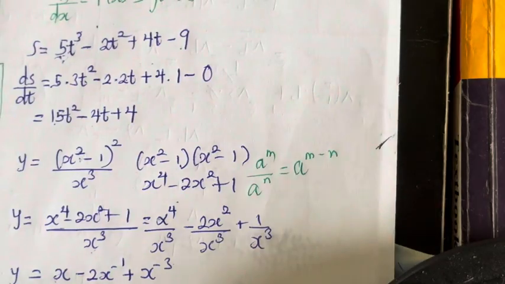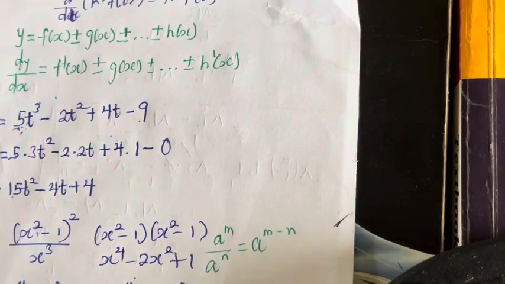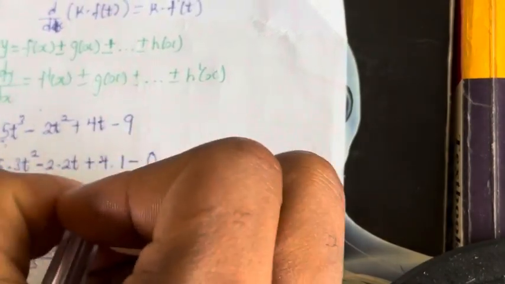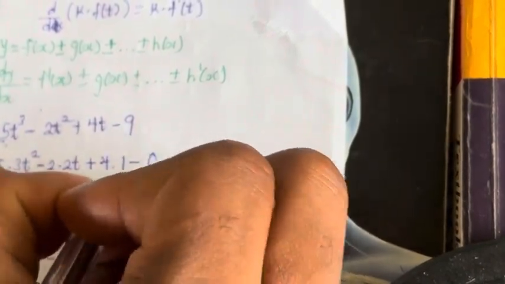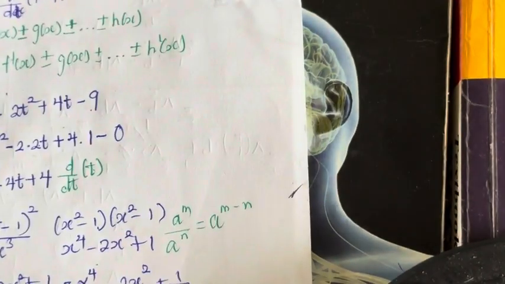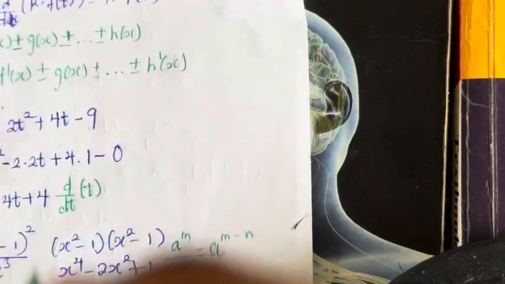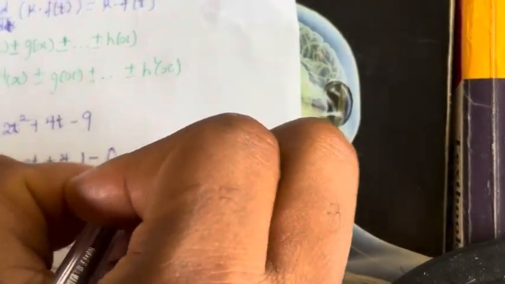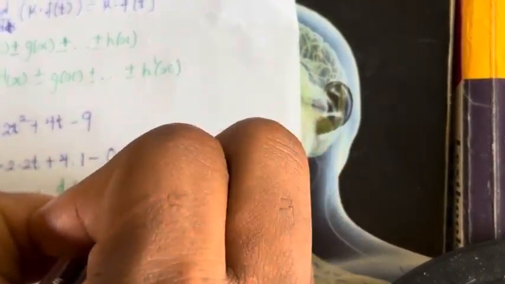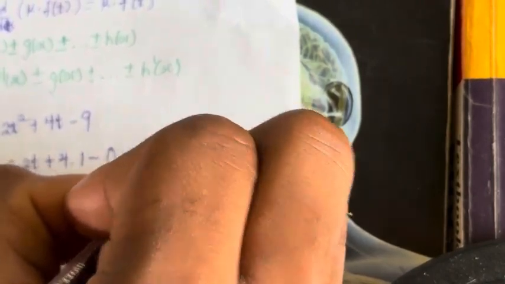And this thing is actually simple. We said d/dt of t is the same thing as dt over dt, and this cancels one another and gives us 1.